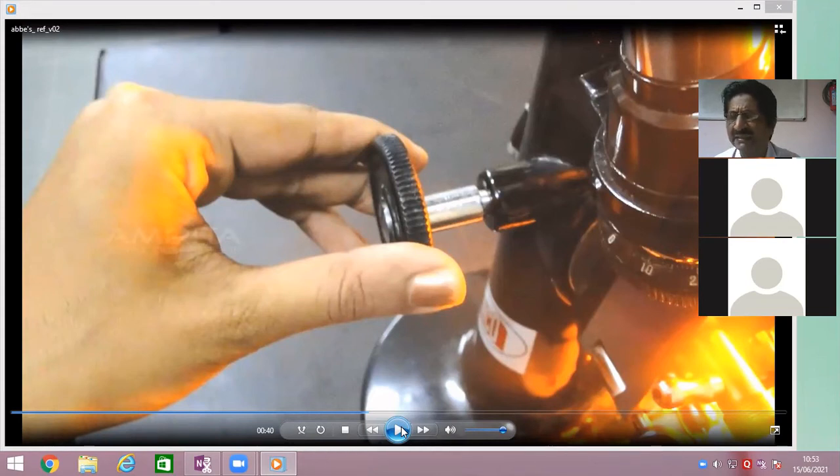The grazing incidence means a certain light having a particular angle which enters the liquid. Once again, refraction takes place because it now travels from the denser to the rarer medium. The solid is denser, the liquid is the rarer medium. Here, once again, the majority of the light which has entered is filtered off.